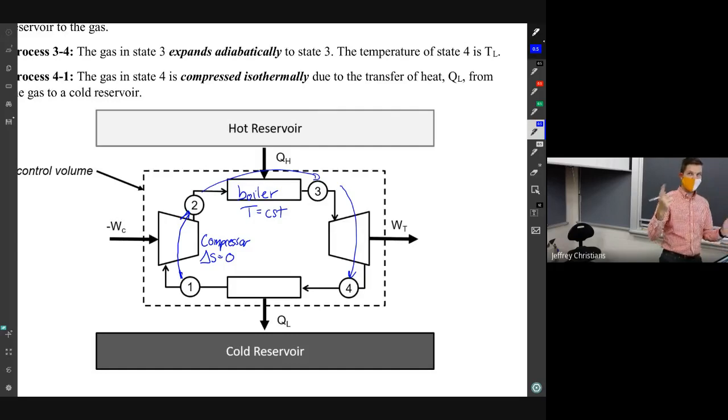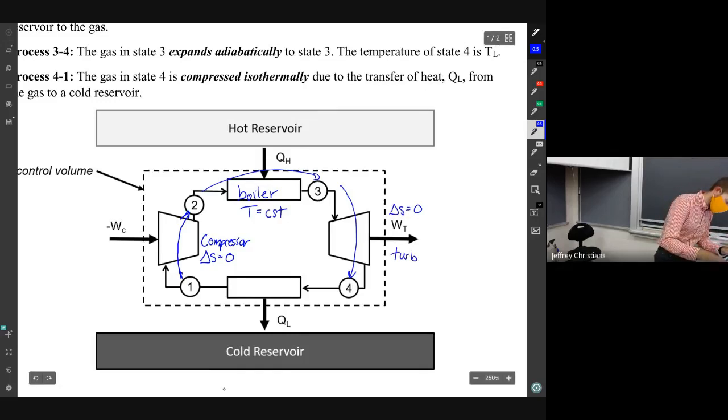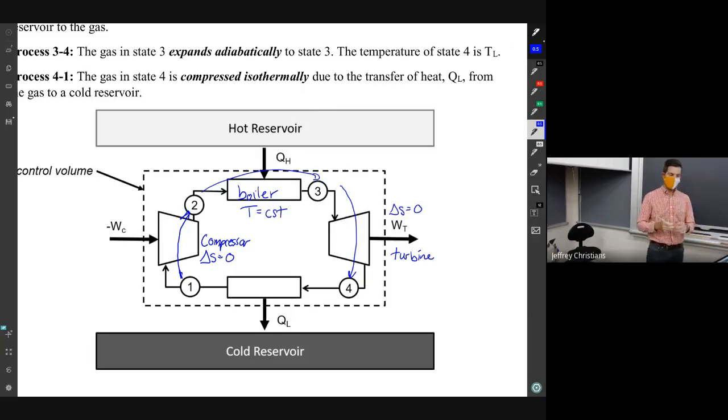Adiabatic and reversible, you should immediately be thinking that's a delta S equals 0 thing. So this is a delta S equals 0, and an expansion, we would be talking about a turbine. Okay, so we have a compressor, then we have a boiler, then we have a turbine.